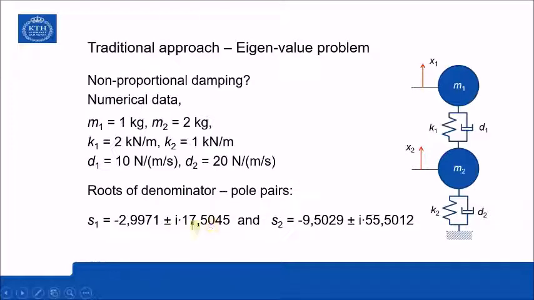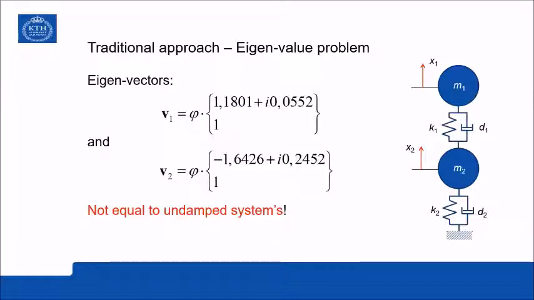And like we have said before, the imaginary part will give us information about the resonance frequency of the system. If we now calculate the eigenvectors, we will find that, if we consider only the real parts, the eigenvectors will be approximately equal to the undamped system's. But the main difference is that we now have an imaginary part of the eigenvectors.